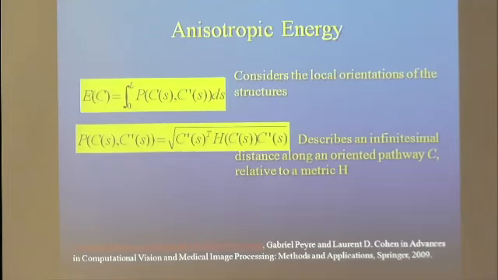And this corresponds to a Riemannian metric where you have a matrix H defined at each point in the image domain. This is a symmetric positive definite matrix.